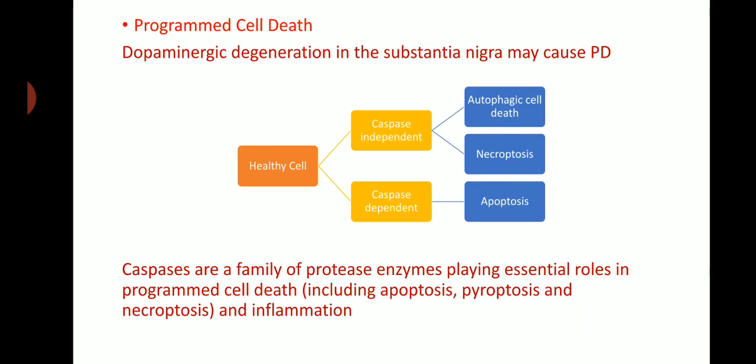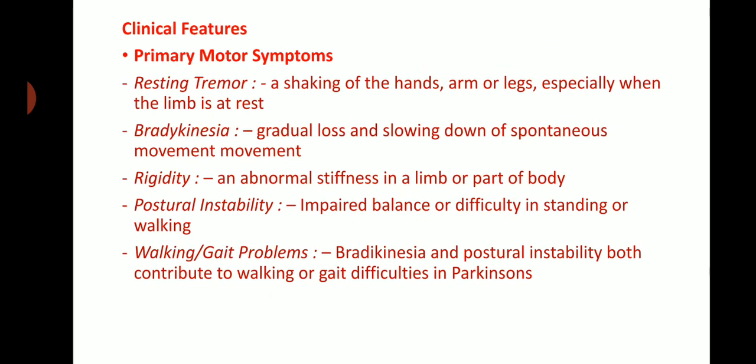In caspase-independent, autophagic cell death and necroptosis occur. Necrosis and apoptosis both happen simultaneously, that's why it is called necroptosis. What is caspase? Caspases are a family of protein enzymes playing an essential role in programmed cell death, which includes apoptosis, pyroptosis, necroptosis, and inflammation.